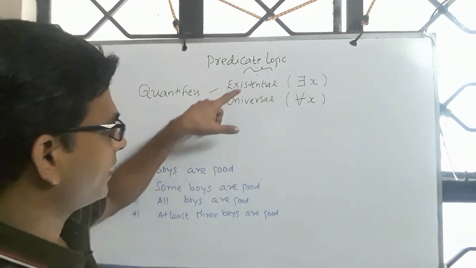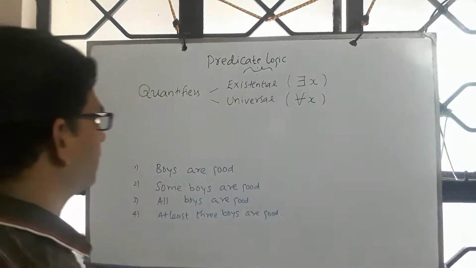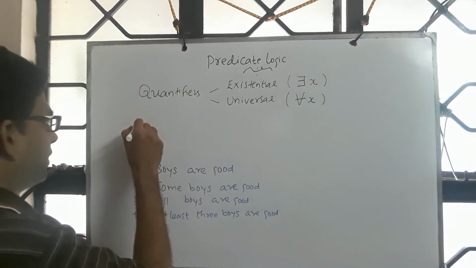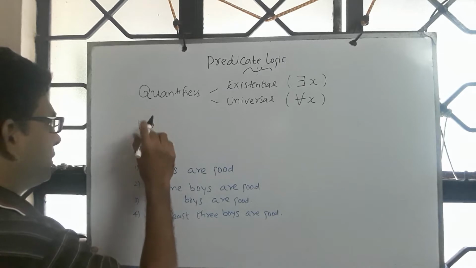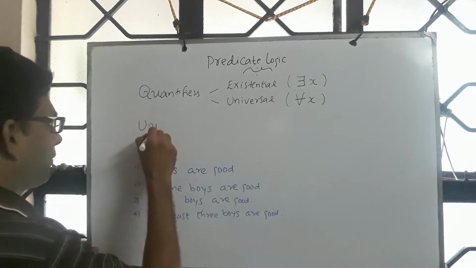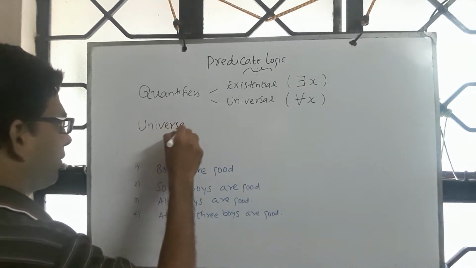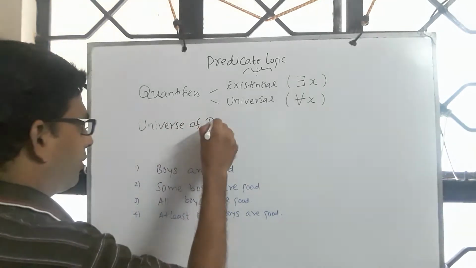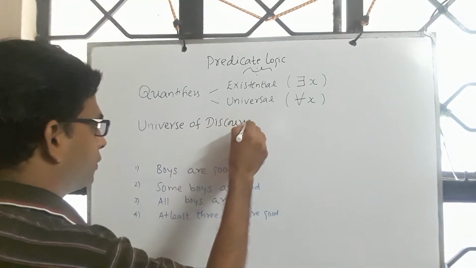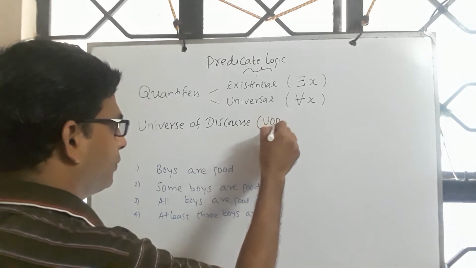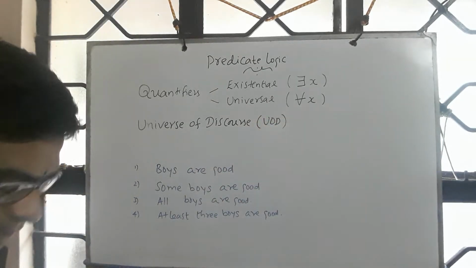To talk about the existential quantifier and the universal quantifier, we need something called the universe of discourse. We call it UOD.